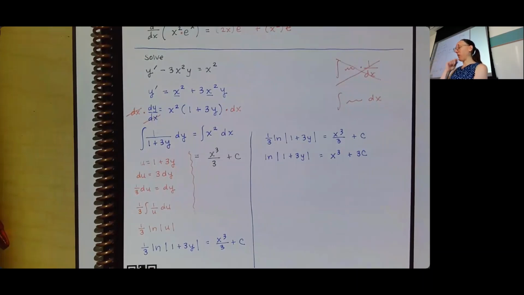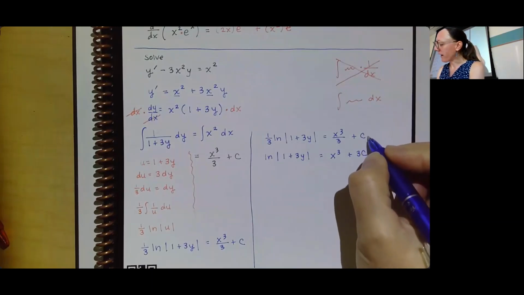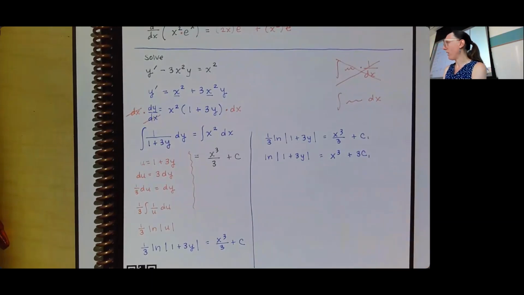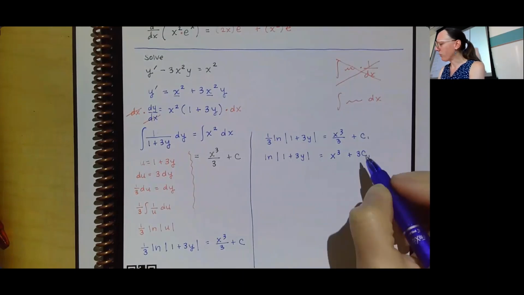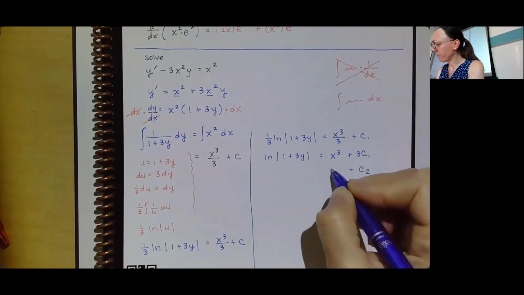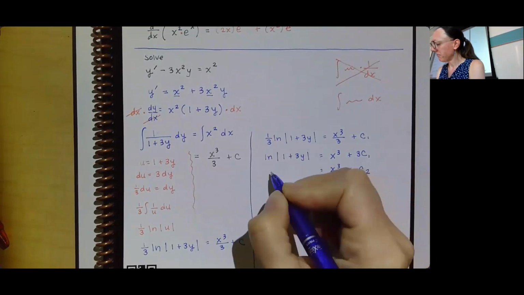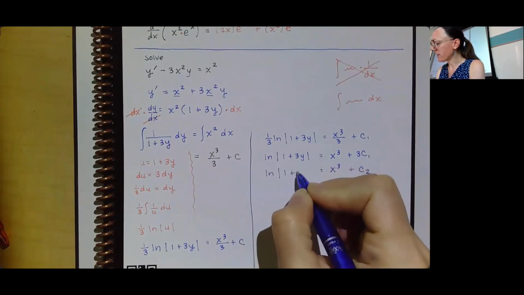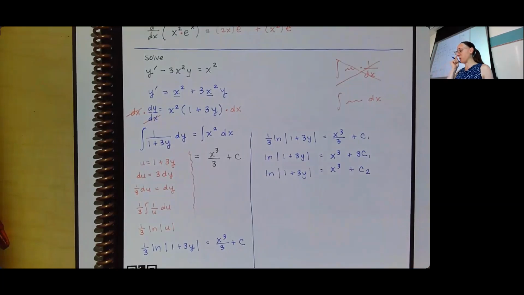What happens if you're looking at problems like this in the textbook is it might call that a C with a subscript of 1, and then group this whole thing together and call it a new constant, C2. You do not have to do this. I'm just doing it to illustrate a point. Okay, this next piece is what allows us to handle the absolute value well.